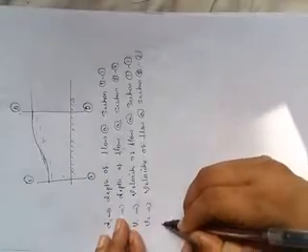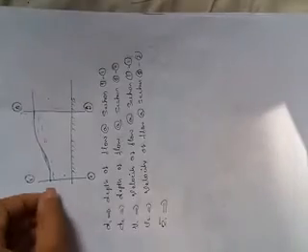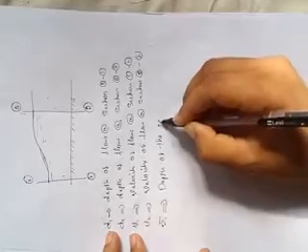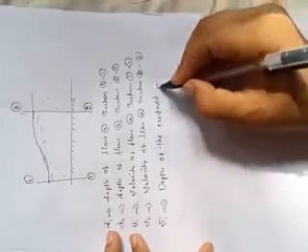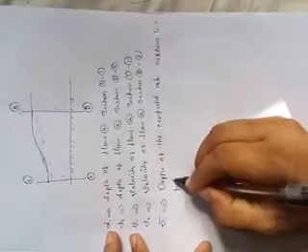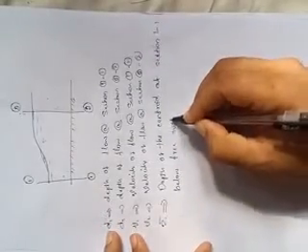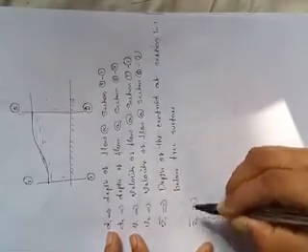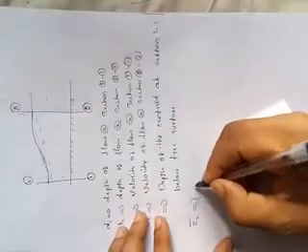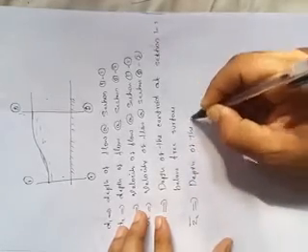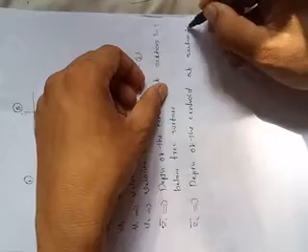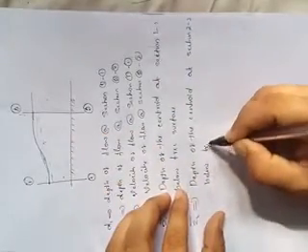Next, z1 bar is the depth of the centroid at section 1-1 below the free surface. z2 is the depth of the centroid at section 2-2 below the free surface.